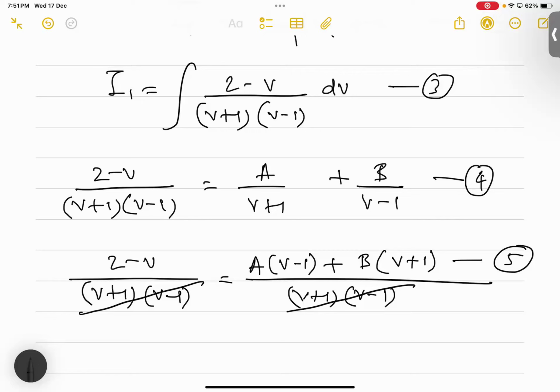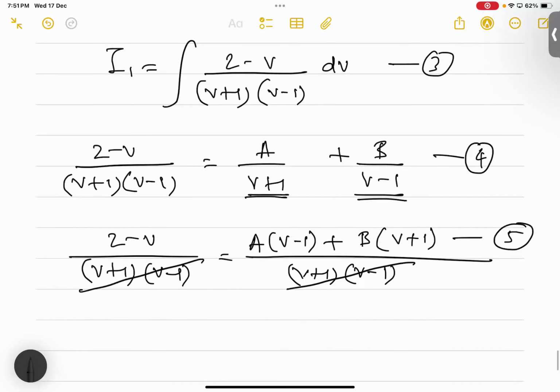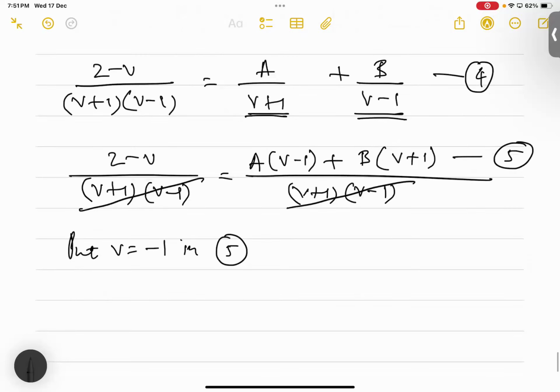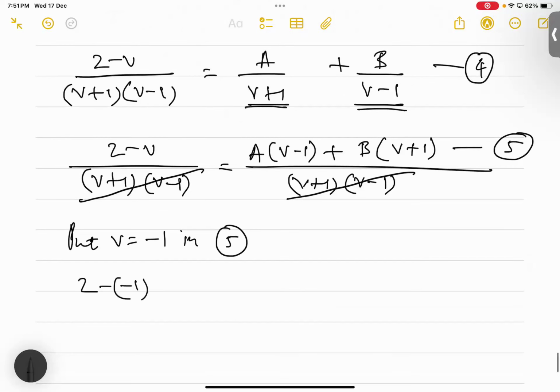Now what to equate to 0? The two factors, not v. v plus 1 equal to 0, so v is equal to minus 1. And v minus 1 is equal to 0, so v is equal to 1. So two iterations. Put v is equal to minus 1 in 5. 2 minus minus 1. Clear?